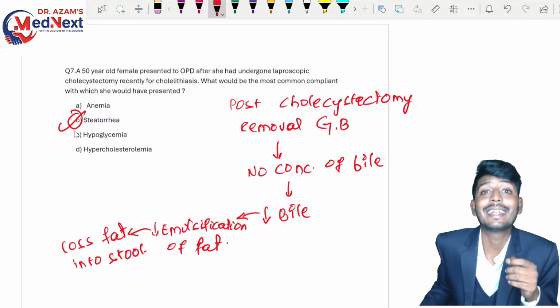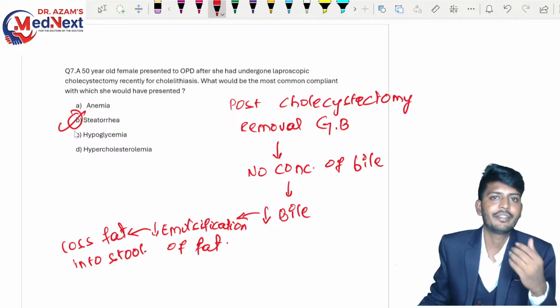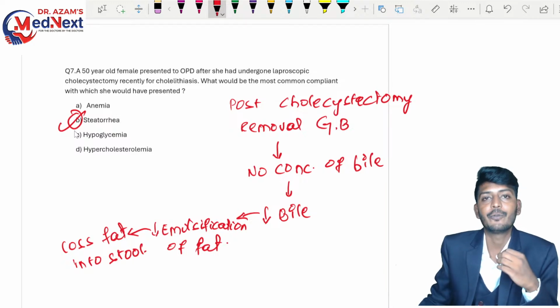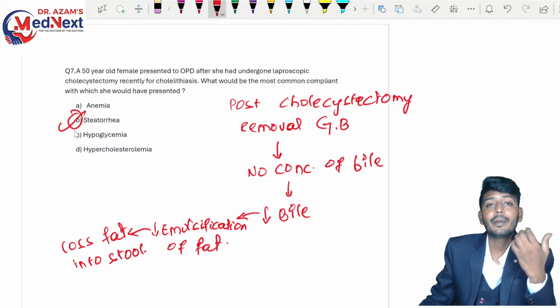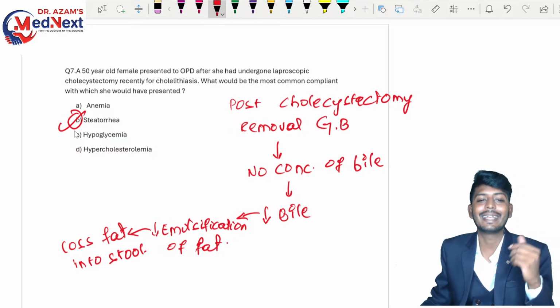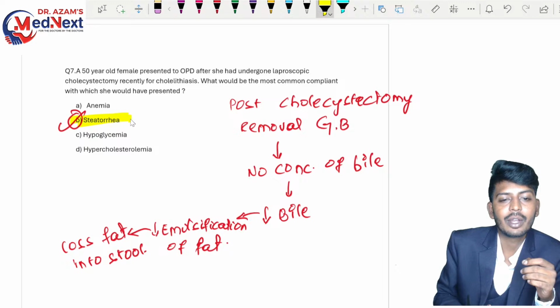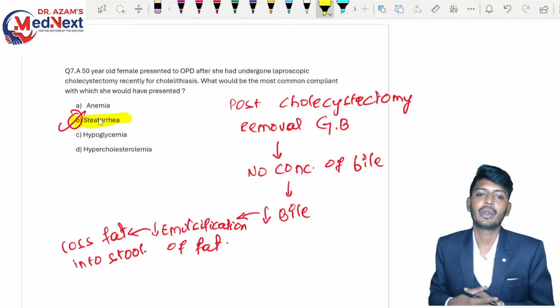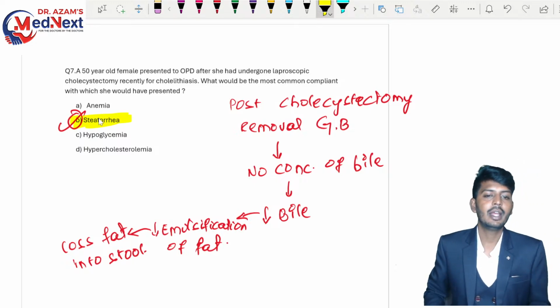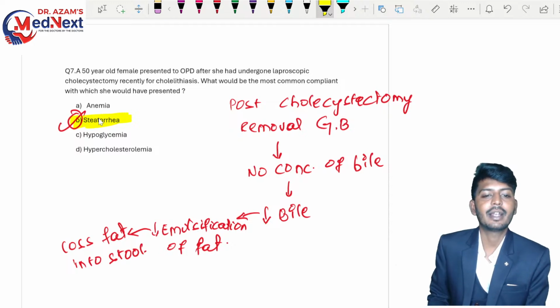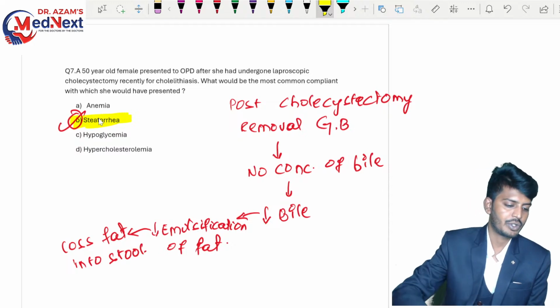Loss of free fats in the stool. Suppose you had some fat-containing food, but that fat will not be absorbed and will go directly into the stool. We call it steatorrhea, children. What do we call it? Steatorrhea. Okay, all right. That is the story of your 7th question.